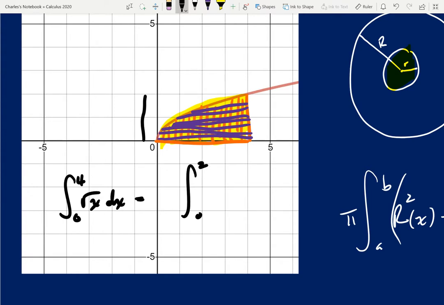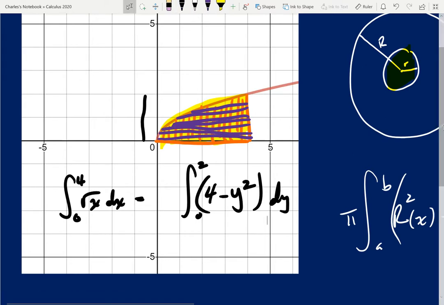When y is 0, how big is that slice? The slice is 4. And then it's 4 minus y squared, dy, not dx, dy. So those should be the same areas looking at it from two different perspectives.